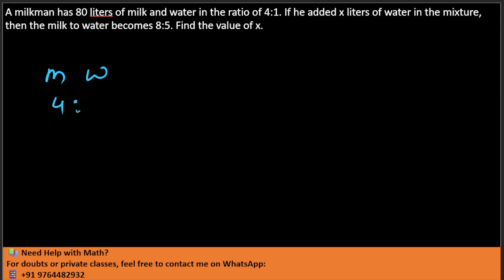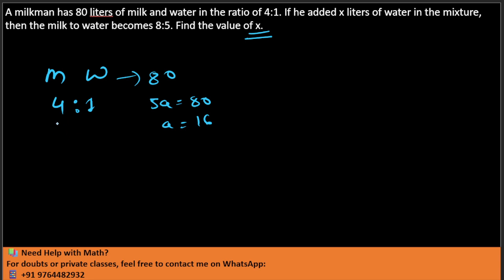So 4 is to 1 and the quantity is 80. So 4 plus 1, it is 5x, right? Here we have x given, so I'm not taking x for this solution. Let's take something else. So let's say 5a is equal to 80, so a is equal to 16.